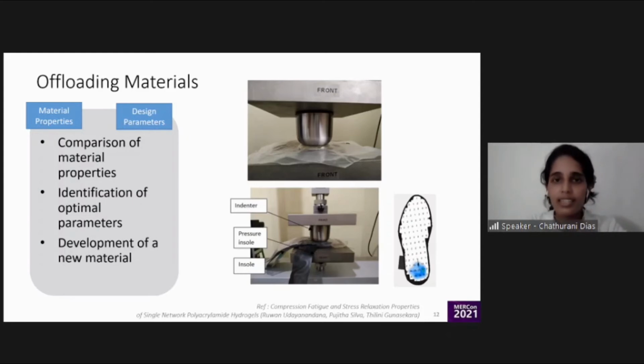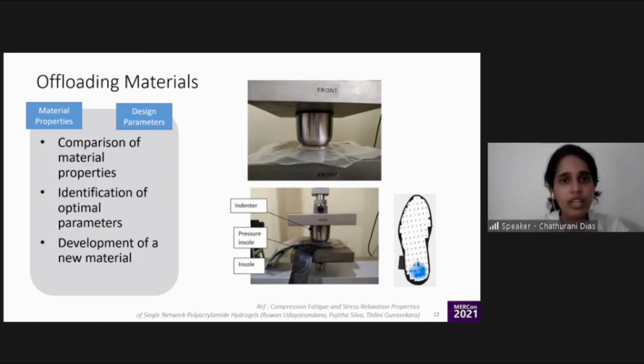The reason we selected this gel over the existing materials is that all the other existing materials are able to absorb the pressure. That means they would deform under the load exerted by the foot and reduce the pressure point.